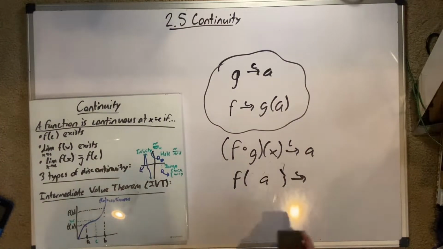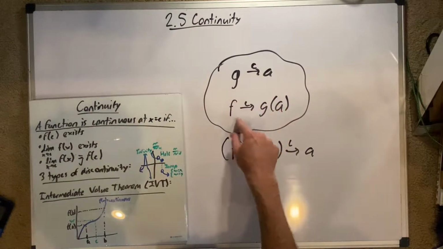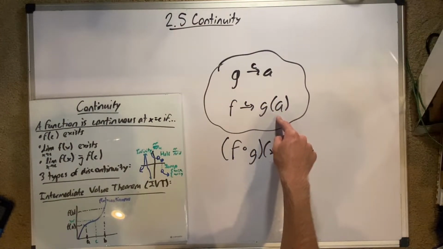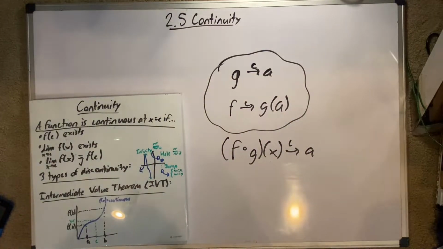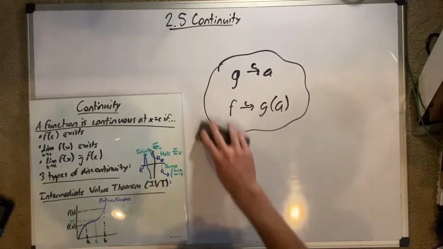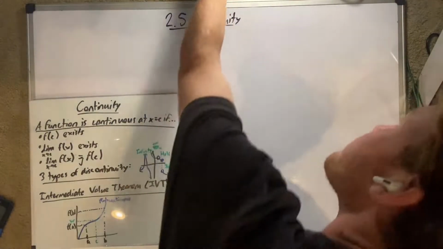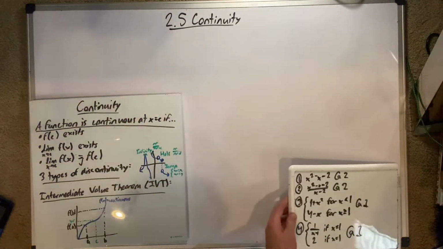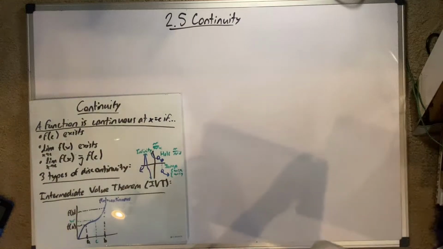So it would be basically the output of g. If f is continuous at the output of g and g is continuous, then they're all continuous. So that's just like the last rule. You'll never really need to know those rules. Now, let's talk about these. They just make your life easier if you're debating whether or not something is continuous.